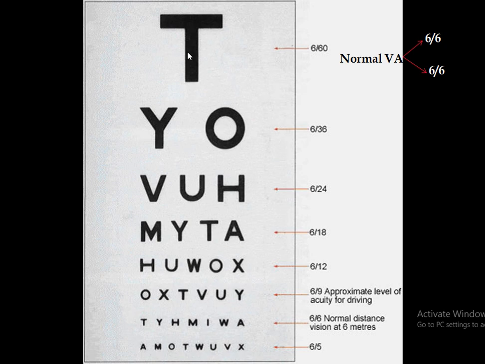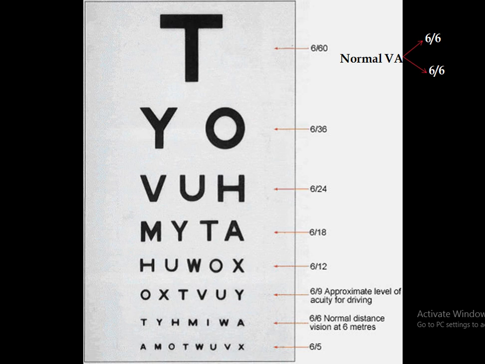How are we going to write the normal visual acuity? We can write in this manner. If it is normal vision on both sides, that is the right side and left side, we write 6 by 6 for the right eye, and 6 by 6 for the left.